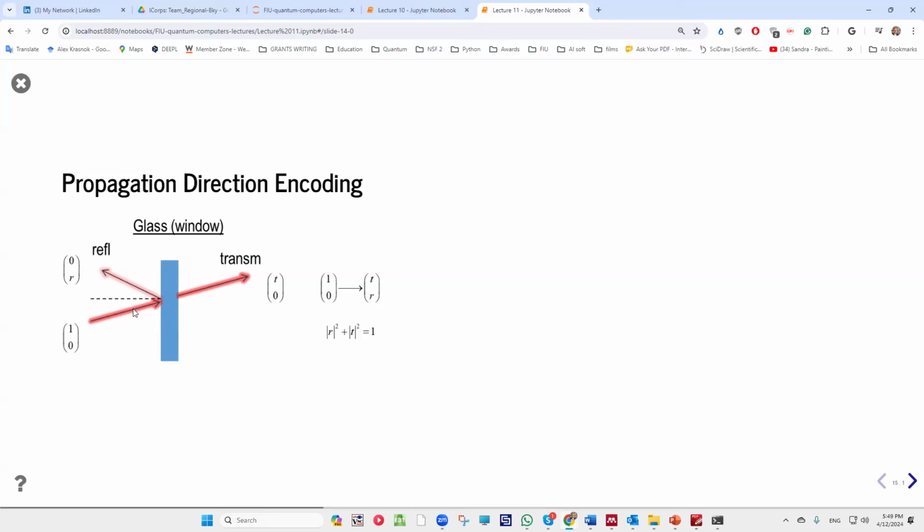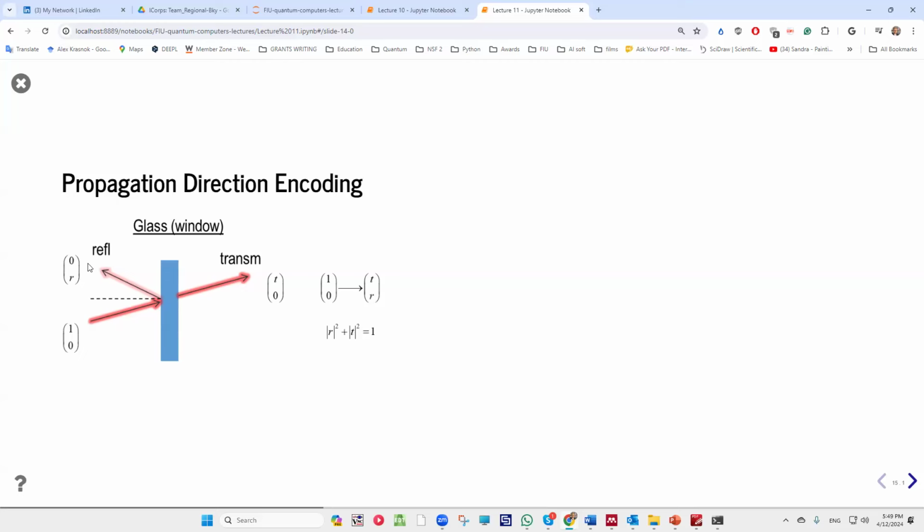So every single photon, as it gets to the glass, to the window, propagates through the glass and bounces from the surface of the glass at the same time. And we cannot tell which way it went before we measure the photon, here or here.